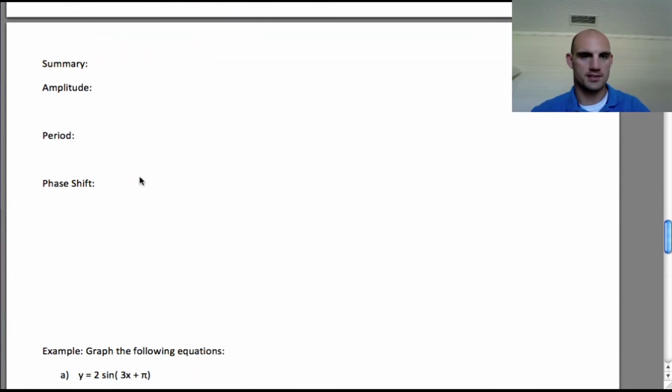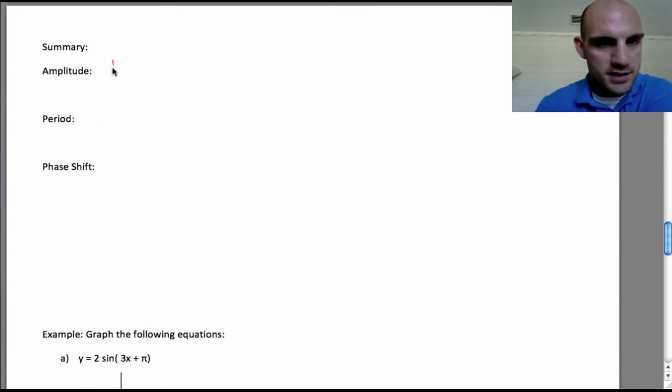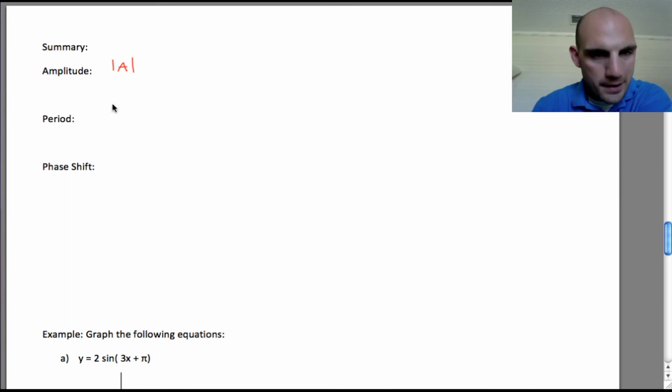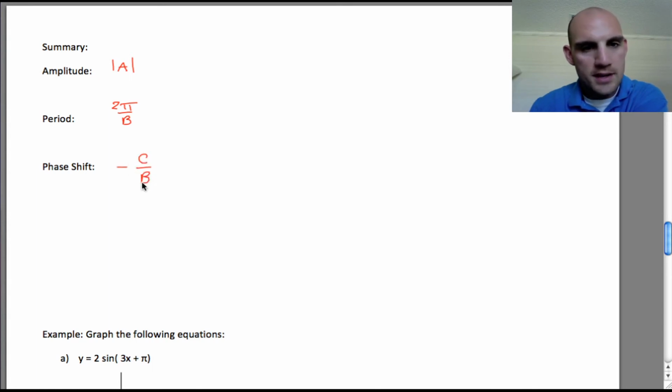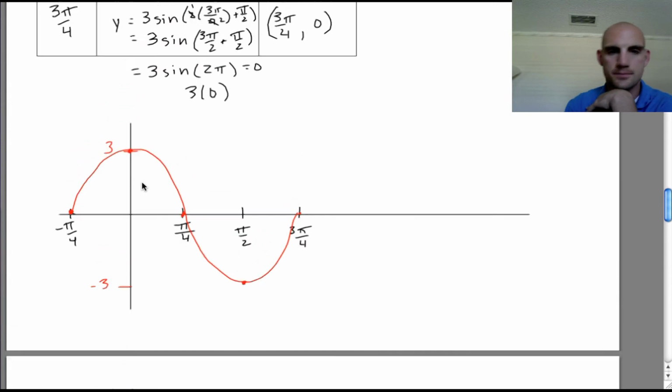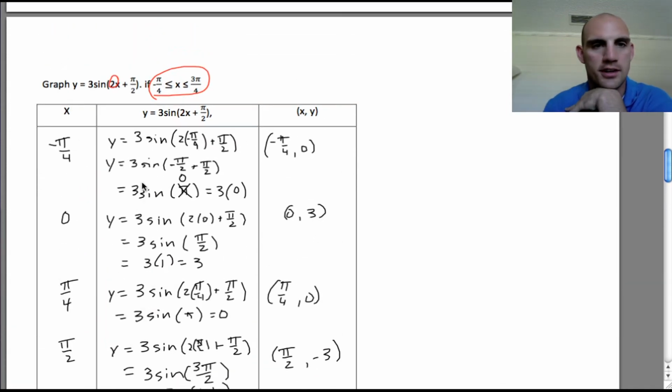The summary for this is going to look like this. Amplitude is going to stay the same. It's going to be the absolute value of A. The period we know is 2 pi over B. The phase shift is going to be the negative coefficient C divided by B. Look at this in this equation here.